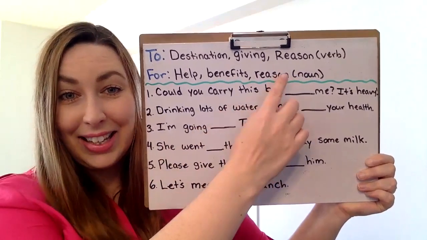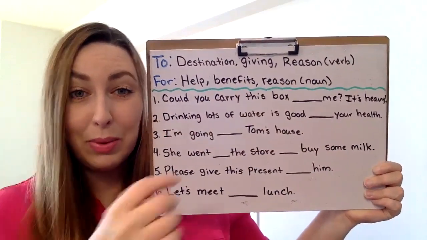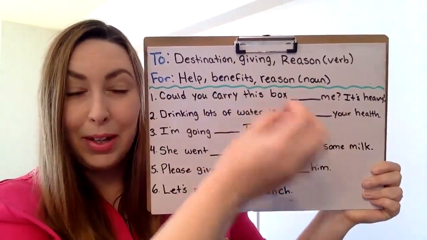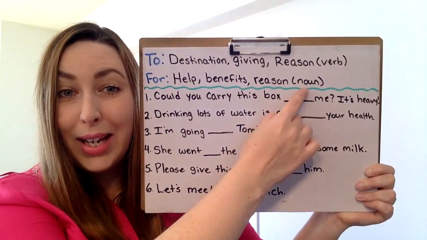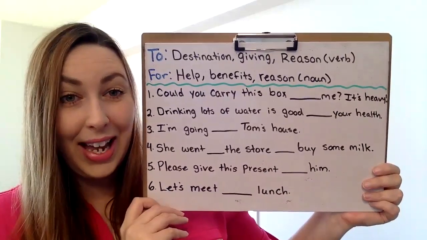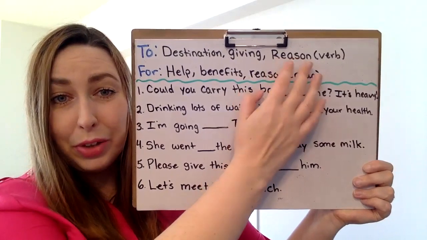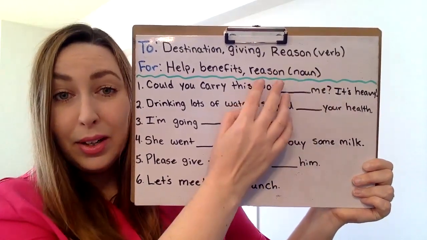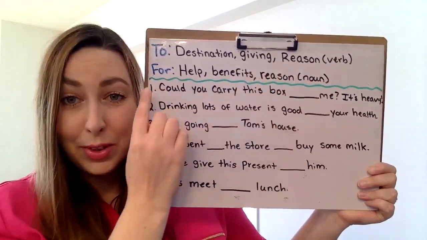Then here's another tricky one. We can use "for" when we're talking about a reason, or why something is happening, or why we want something. And we can use "for" when it is with a noun, okay? So here, "to" you can use for a reason, but it has to be with a verb. Here, a reason, but with a noun, we can use "for."